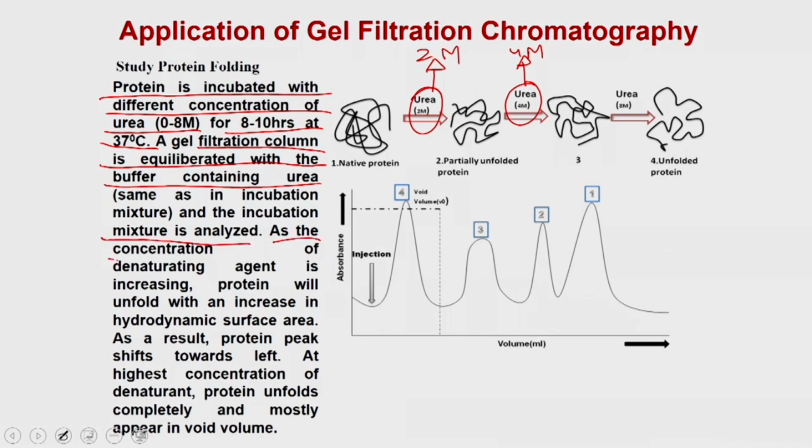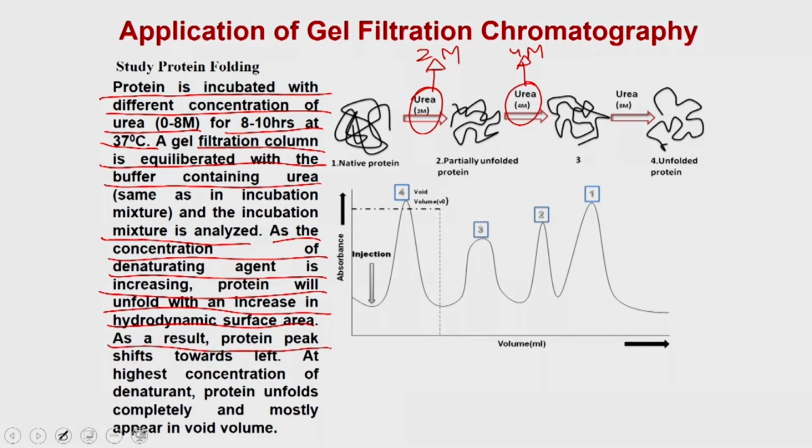As the concentration of the denaturing agent increases, the protein will unfold with an increase in hydrodynamic surface area, which means if the protein is in a native conformation, it is going to make a compact ball. As soon as you put it under denaturing conditions, it gets unfolded, and the diameter of that particular ball increases, and ultimately it forms an extended conformation.